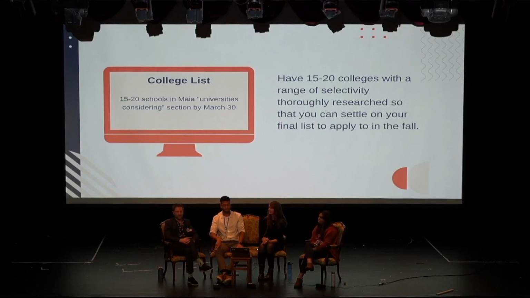This is exploration phase time. We just want you as a family and them as kids kind of starting to try on these different ideas and think about what are going to be the important things and opening up to all these universities that sometimes they just haven't even heard. Right now, they might only know 15 or 18 schools because those are just the only universities they've ever heard of.